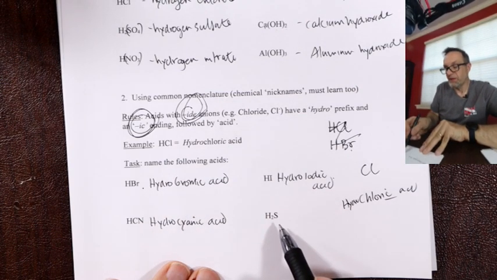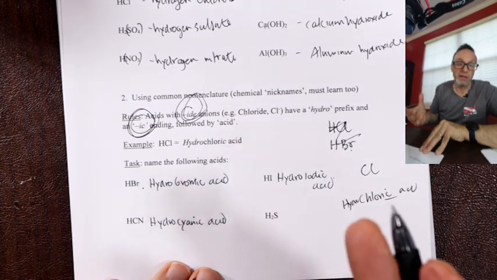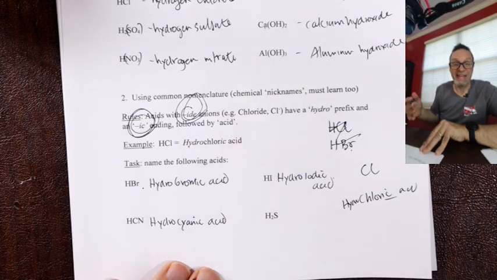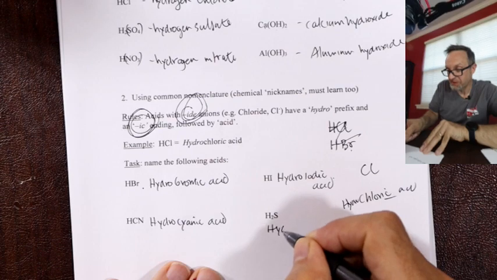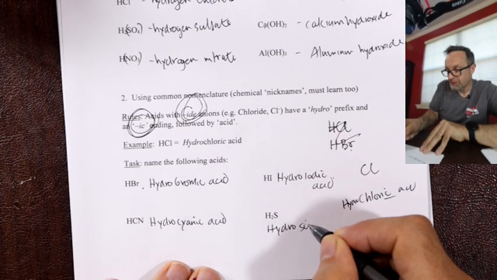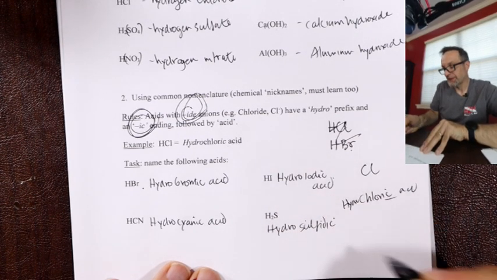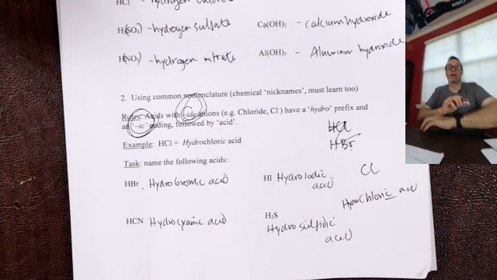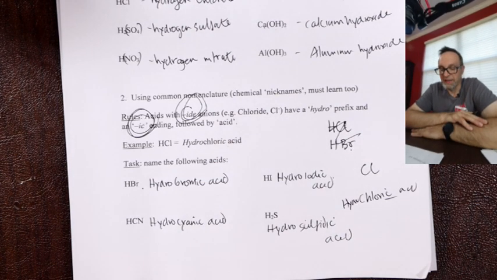Finally, sulfide, it's kind of a weird way to say it, but we say sulfidic, hydrosulfidic acid. Okay. Ide becomes ic, hydro on the front, acid on the back. Or just say, hey, HCl, hydrogen chloride, hydrochloric acid, if you like, HBr, hydrobromic acid.